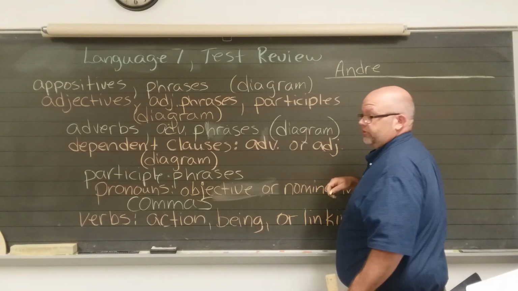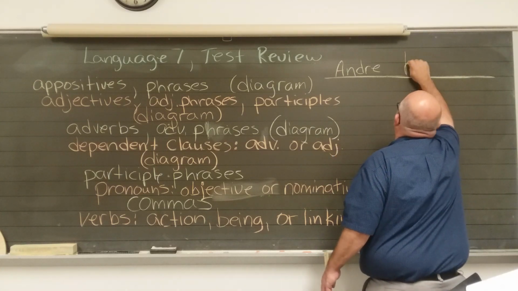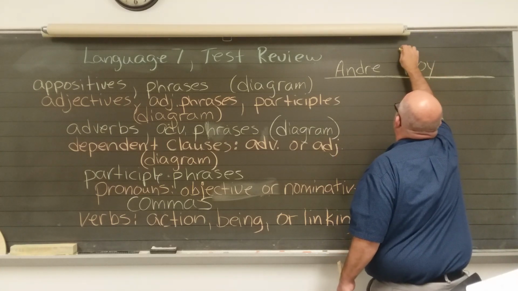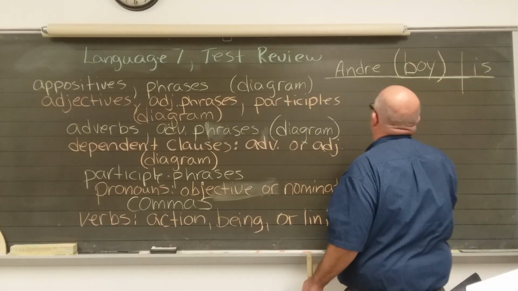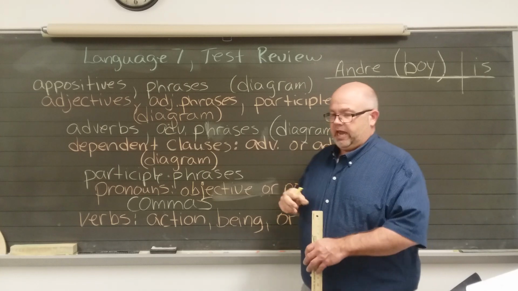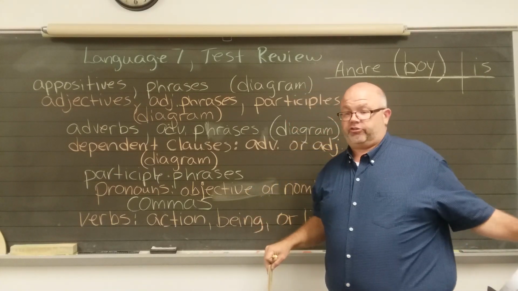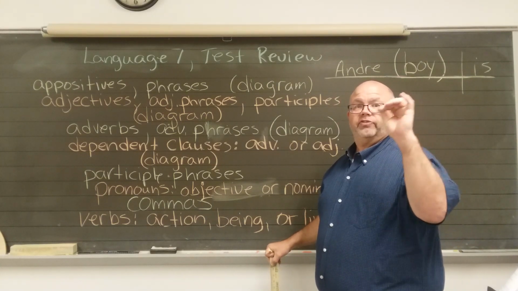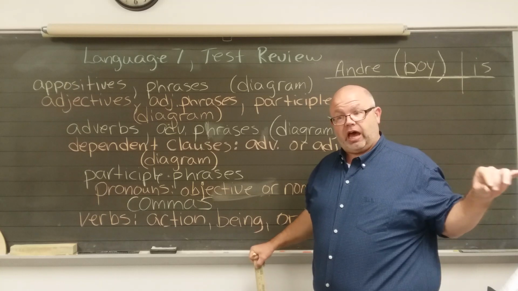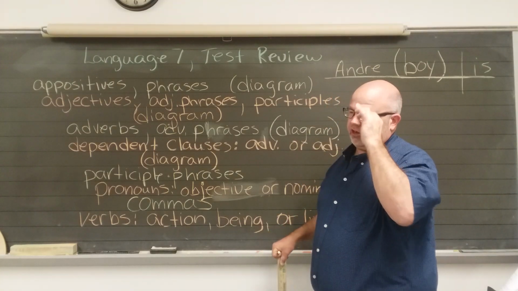Andre, the appositive, is what? The tractor? No. Boy, right? Then you have the verb is. Andre, a boy who loves John Deere tractors. So that appositive phrase is a boy who loves John Deere tractors. That's the entire appositive phrase, not just a boy, but a boy who loves John Deere tractors.